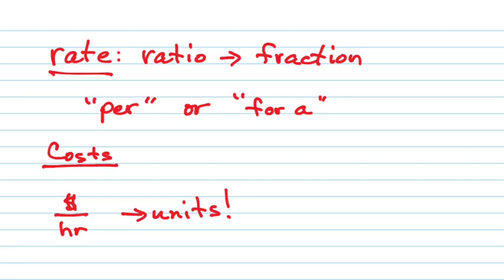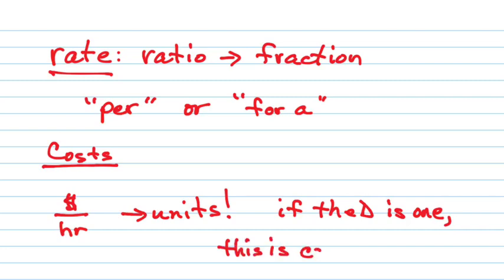And if the denominator is 1, this is called a unit rate. And you're not going to have to worry about simplifying these. The ones that I'm going to give you are all unit rates.